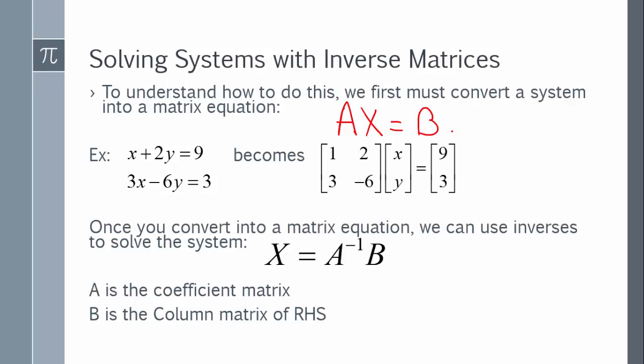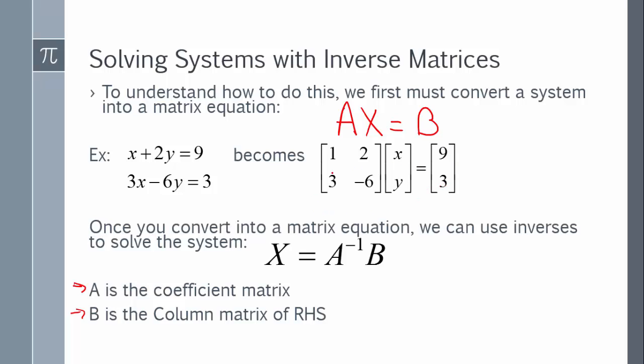All of these are matrices. That's why I'm using capital letters. The A is the coefficient matrix, like I have down here, and B is a column matrix using the numbers on the right-hand side. So in my example, the system x plus 2y equals 9 and 3x minus 6y equals 3 becomes the 2 by 2 matrix of the coefficients, 1, 2, 3, -6, times the variable matrix, a column matrix of x and y, equals the column matrix 9, 3.